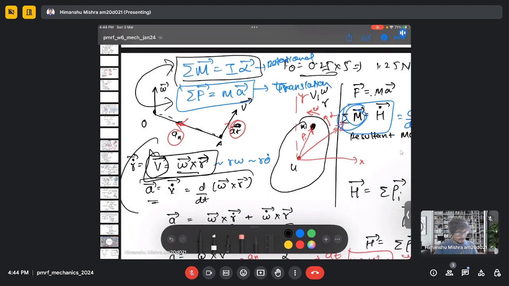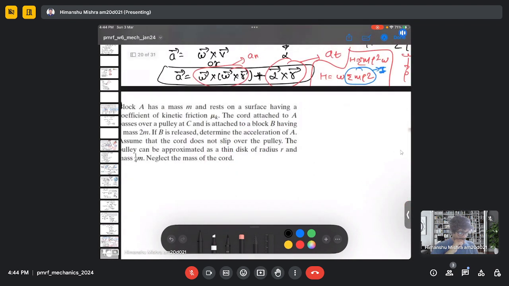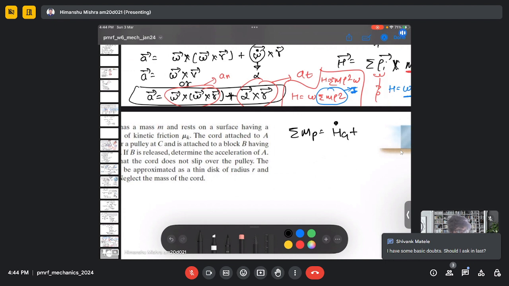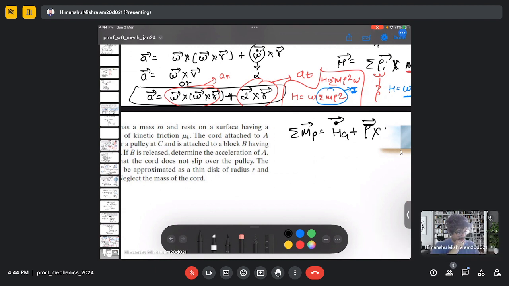And also let's say you are given some arbitrary point. Let's say here you are given P, and there is a position vector rho bar. Then for this case your moment at that point P will be given as the rate of change of angular momentum at your center of mass plus rho bar cross the acceleration at that point P, which is I alpha plus m a d, that we have seen.